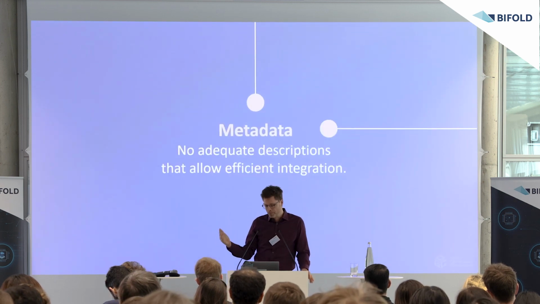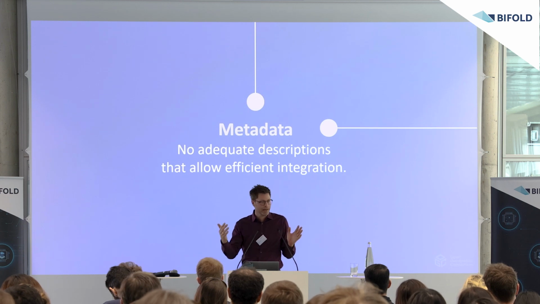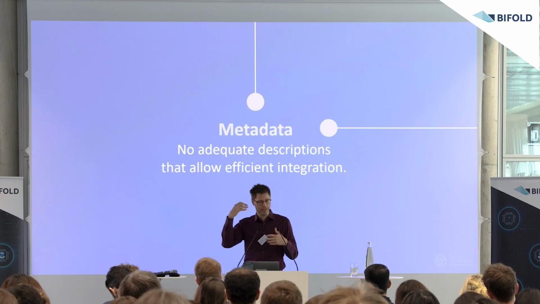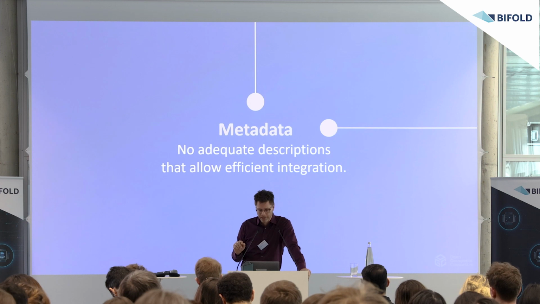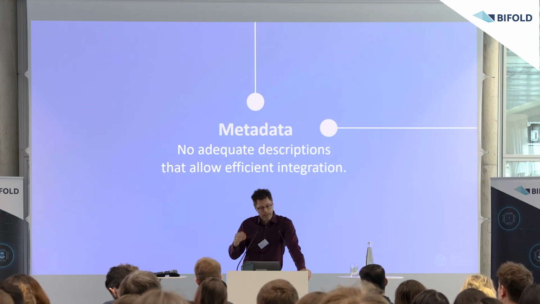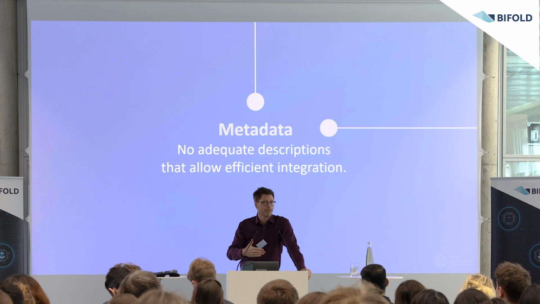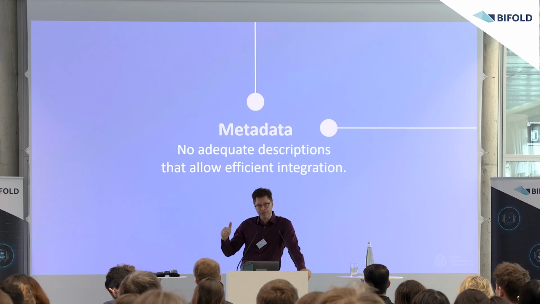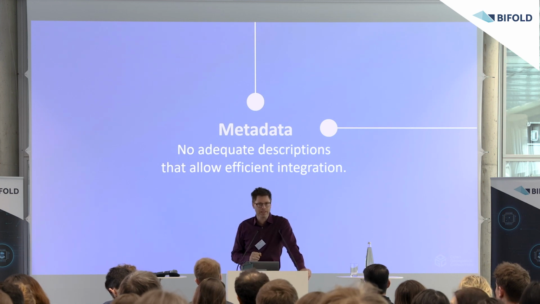But right now, all the metadata we have about all these different data sets and processing resources out there is not adequate, right? It does not allow us to discover it automatically. It does not allow us to efficiently integrate it. We can integrate it if we discover it, but it's a rather manual process.